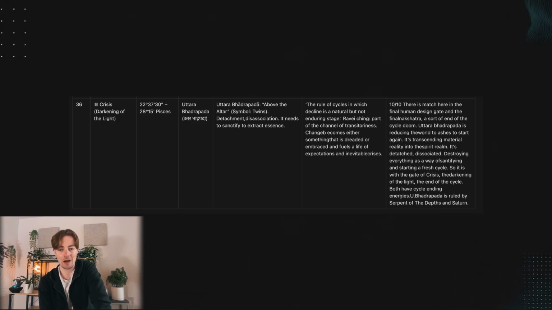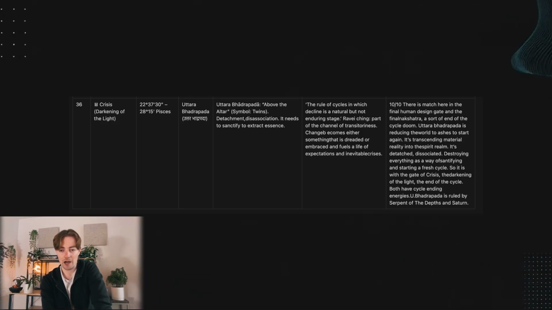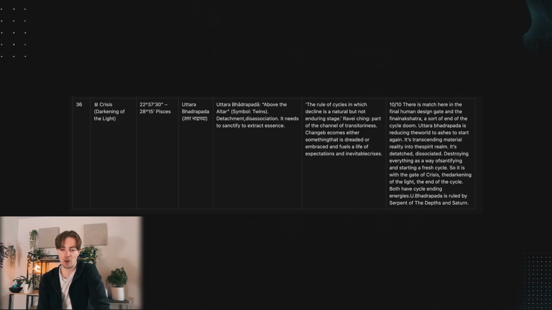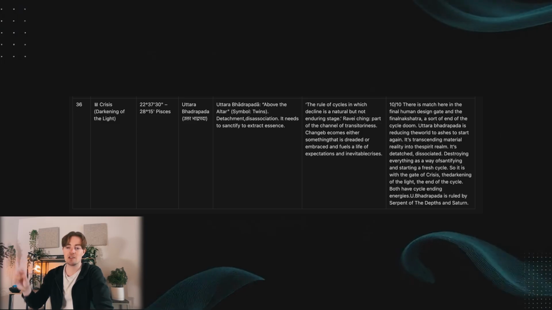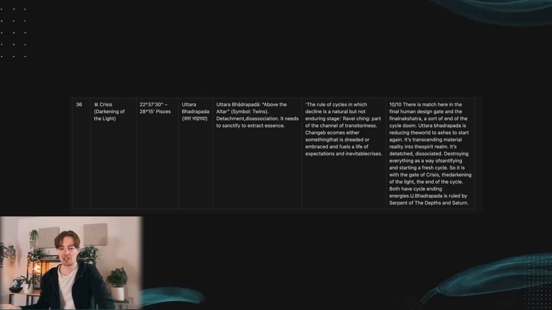So I'm giving this a 10 out of 10. There's a fundamental 10 out of 10 match with the final human design gate, this darkening of the light, and the final nakshatra, this sort of the end of the cycle of doom. Uttara Bhadrapada is reducing the world to ashes to start it again, transcending material reality into the spiritual realm. It's detached, dissociated, destroys everything as a way of sanctifying and starting a fresh cycle.